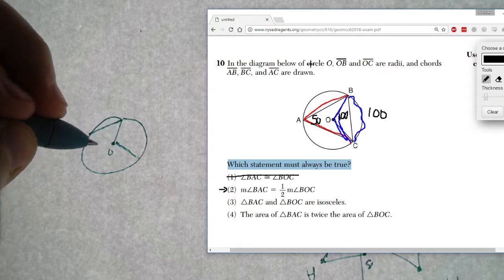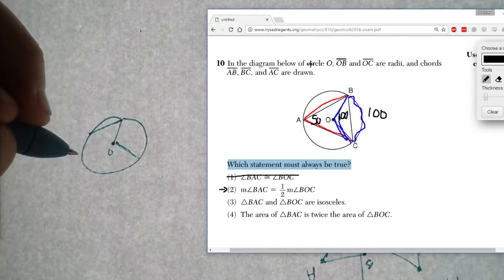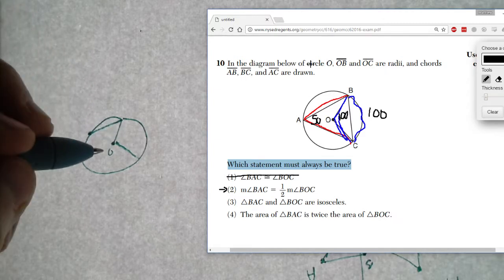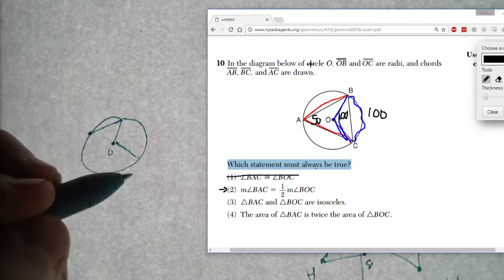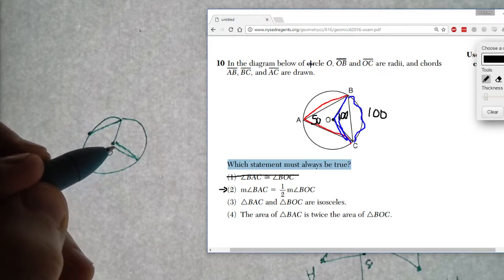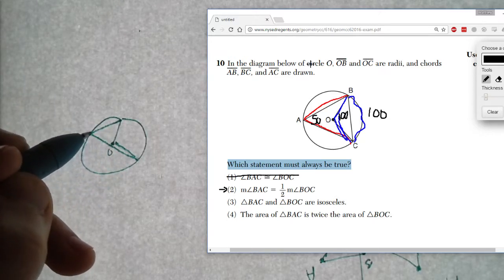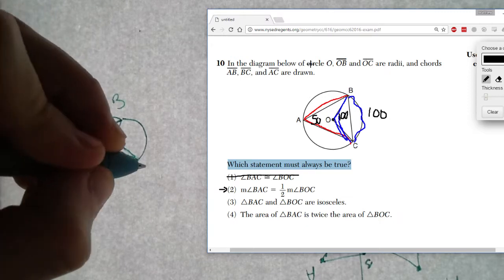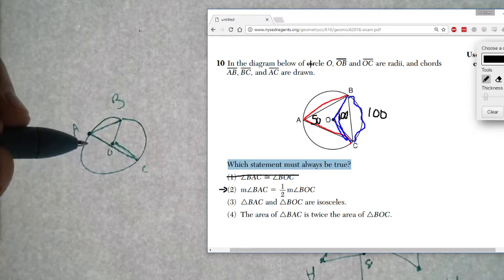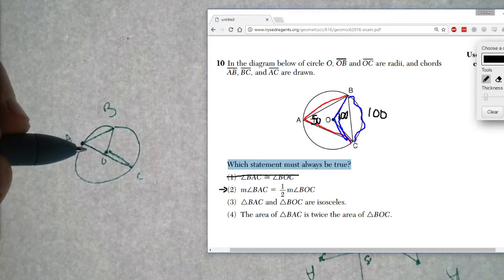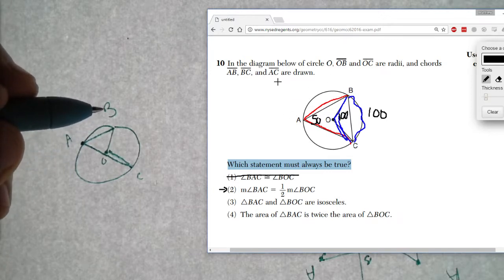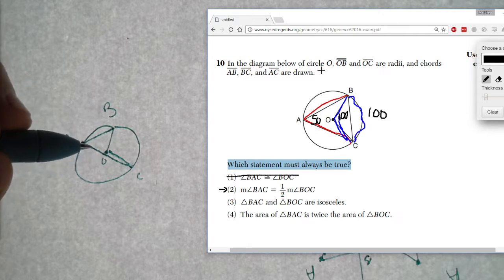So maybe my chord goes like this, and then the other chord goes like this, and this is A, B, and C. This picture that I drew looks funkier than the picture they gave you, but it still follows the description they gave up here. So technically, this could be the actual image that they're trying to describe.